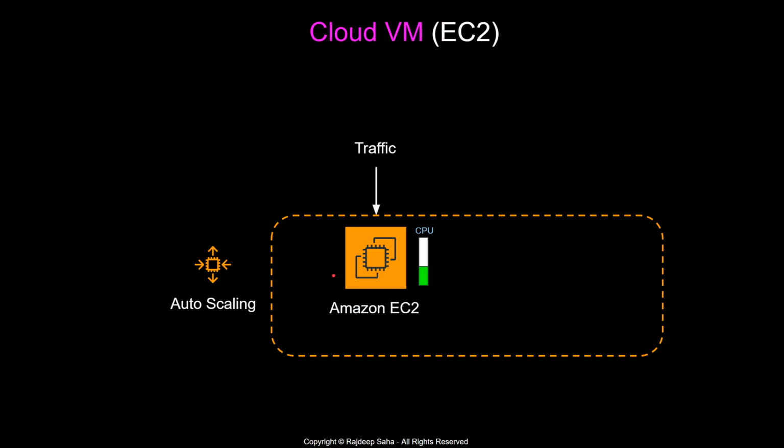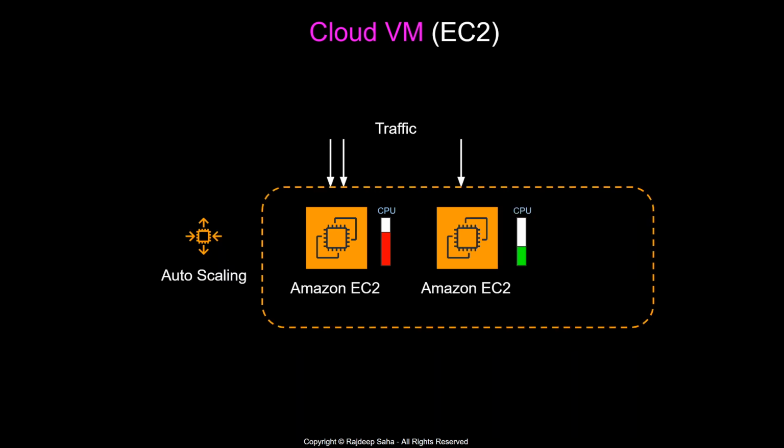Let's say you are running EC2 and you provisioned this auto-scaling group, and some traffic is coming in and the CPU utilization for this EC2 is, let's say, 30%. Now the traffic increased, so the CPU utilization became 60%. And you set the auto-scaling so that if CPU utilization hits 60% or more, you're going to spin up another EC2.